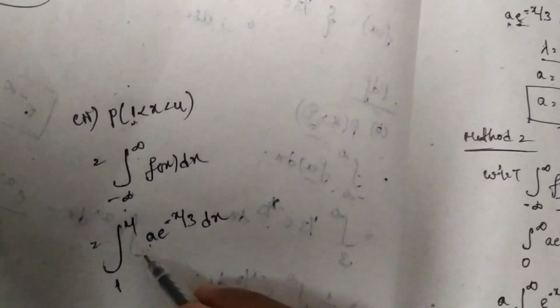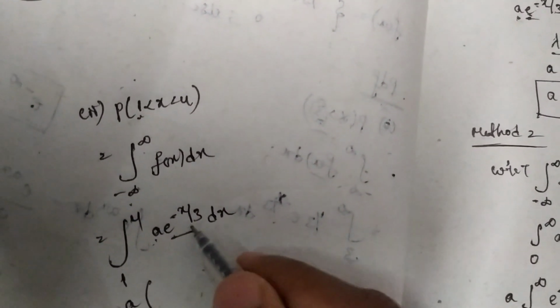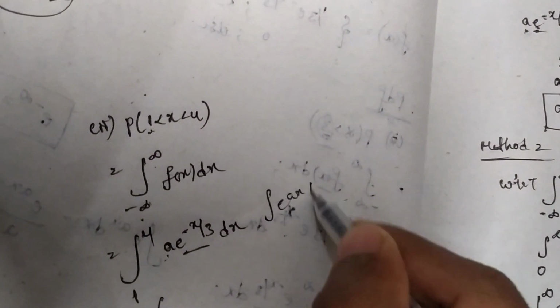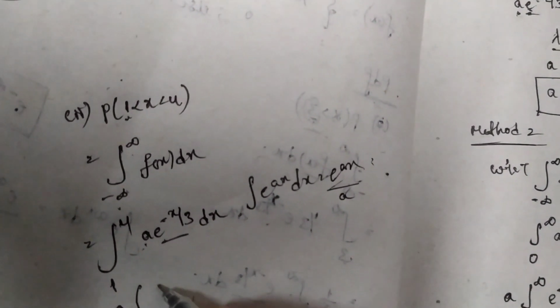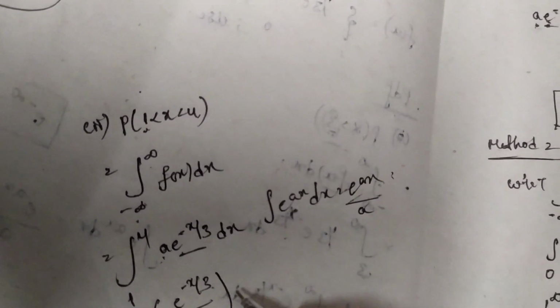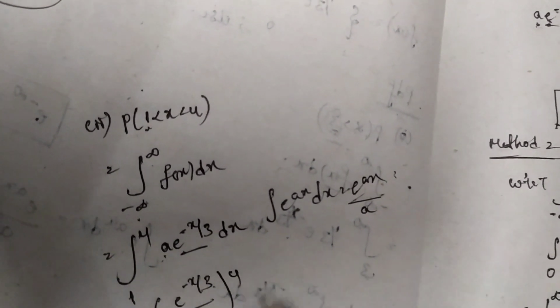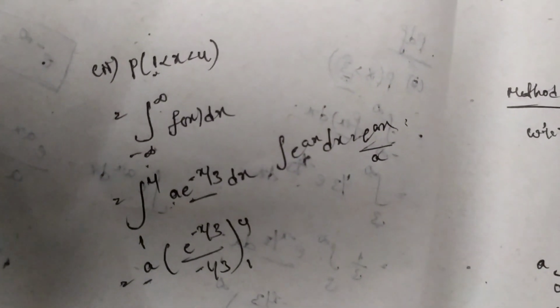By taking a outside, using the formula e power ax dx equals to e power ax by a, here we get e power minus x by 3 by minus 1 by 3, from 1 to 4, and we know that the a value is 1 by 3.